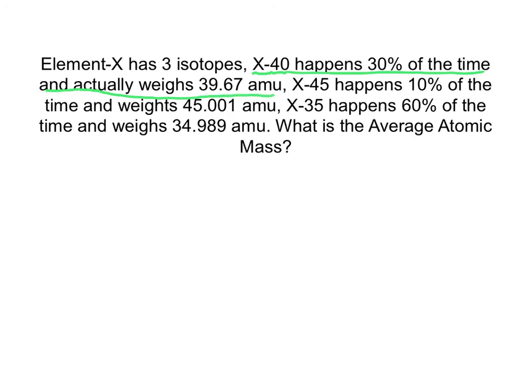Oh, so we're getting really exact weights. We've got X45, which happens 10% of the time and weighs 45.0001. And then we've got X35, which happens 60% of the time and weighs 34.989. We're going to figure out its average atomic mass from this information.